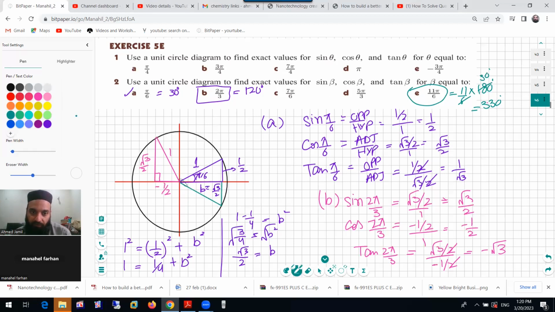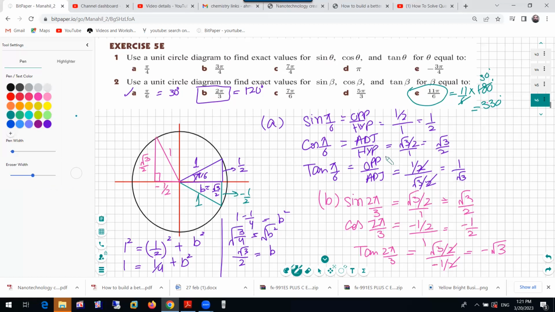So this side is obviously square root 3 over 2. What about this side? This is negative half because it's below the x-axis, along the negative y-axis. So this will be negative half and this is 1, right? So we can find the sine, cos, and tan ratios for this angle. Clear?